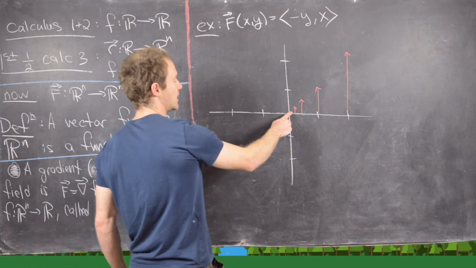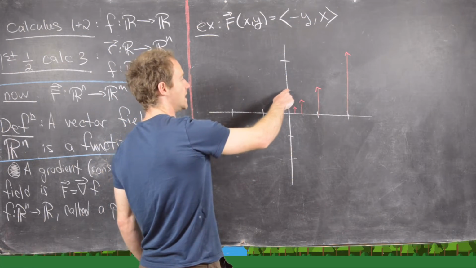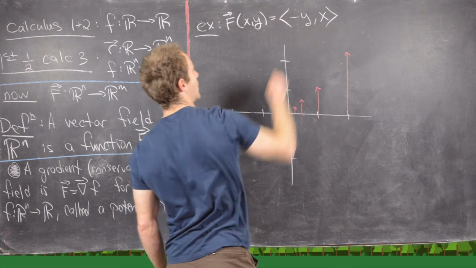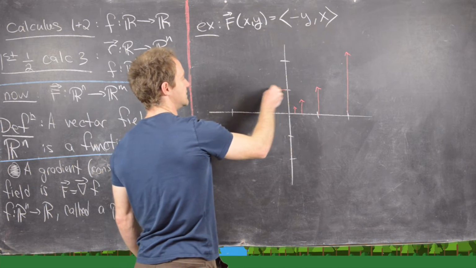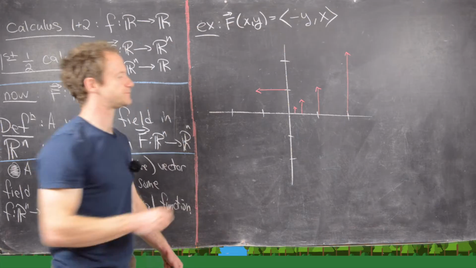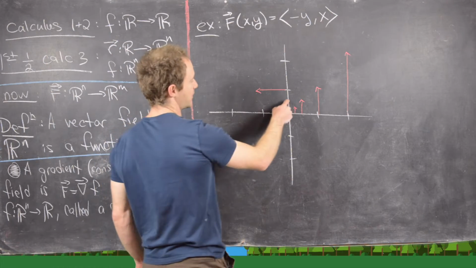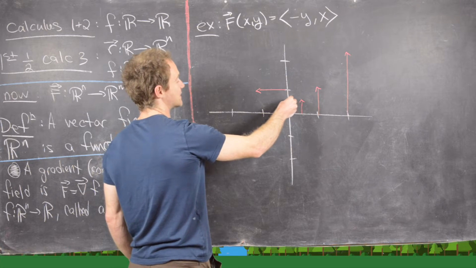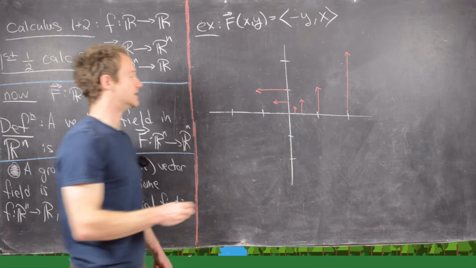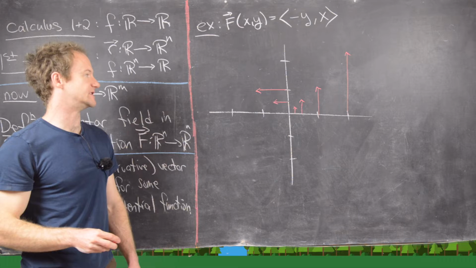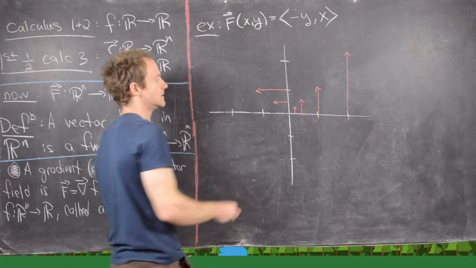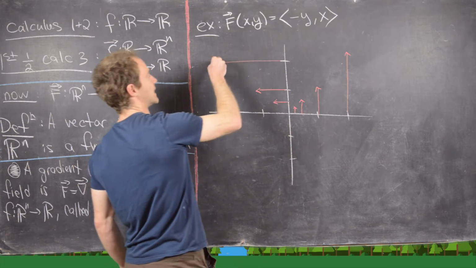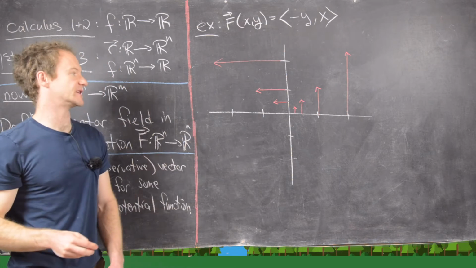Now notice if we plug in the point 0, 1, we will get the vector negative 1, 0. So that's going to be the vector pointing this way. Okay, good. Then if we plug in the point 0, half, we'll get this vector pointing back in this direction. So we'll get negative 1/2, 0, that vector. Good. And then notice right here, we'll get a vector pointing back 2 units.